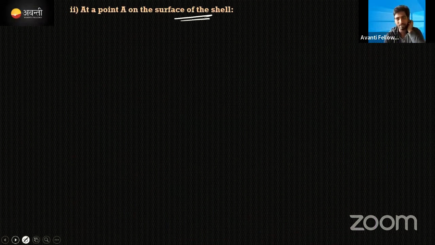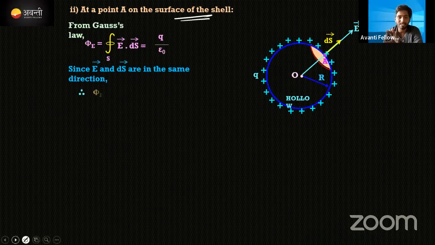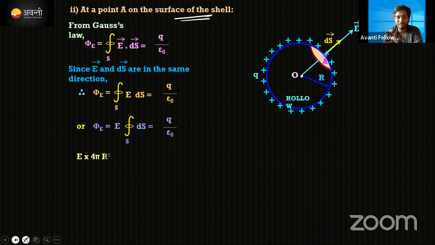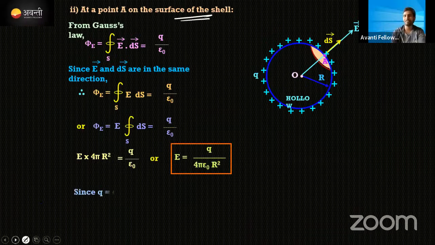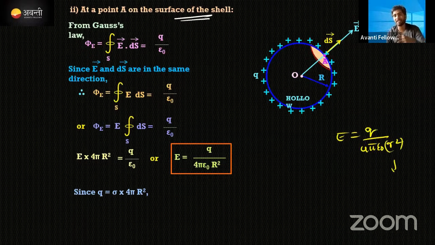Look, the second point is on the surface. I consider the point on the surface of the shell. Everything is the same, the derivation part and so on. But the changing point is the electric field intensity. In the last slide, the E value was Q divided by 4 pi epsilon naught into r square, where r is the distance of point P that we consider.